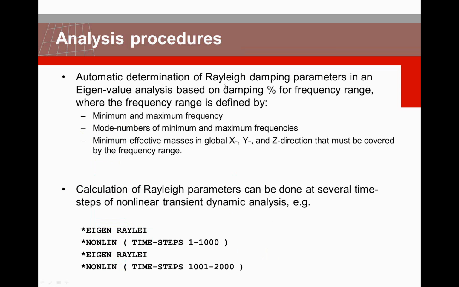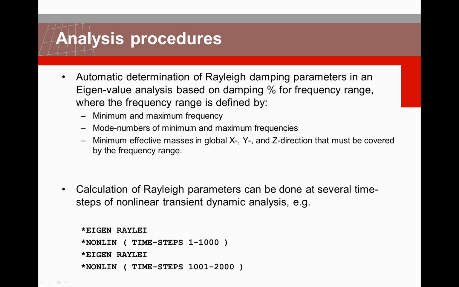Also, the calculation of Rayleigh damping parameters can be done now automatically in an eigenvalue module. So the user can define damping ratios for a certain minimum value and maximum value of a frequency range.